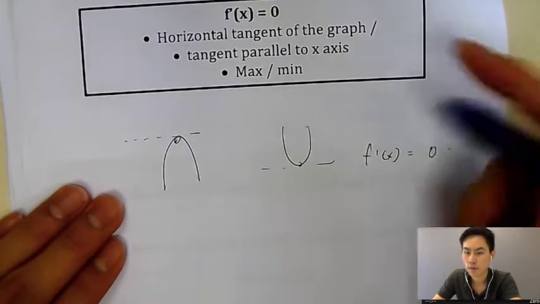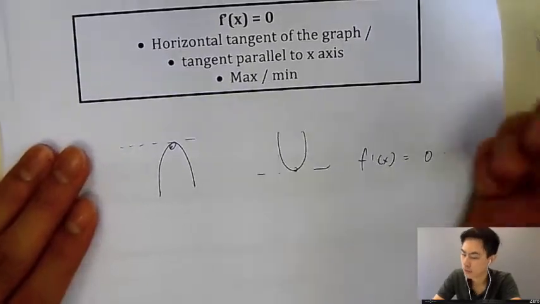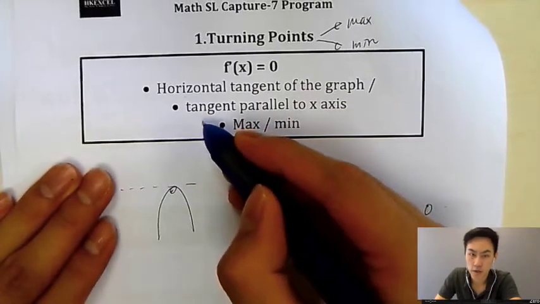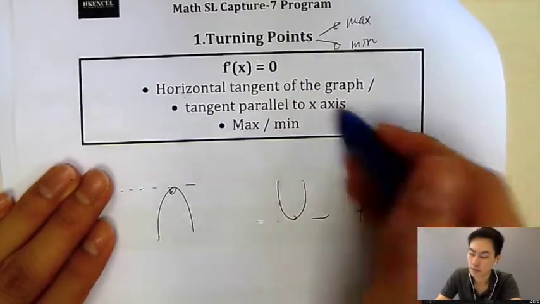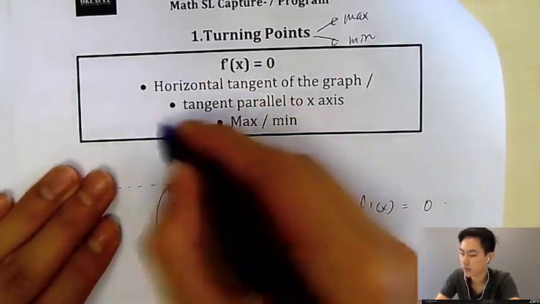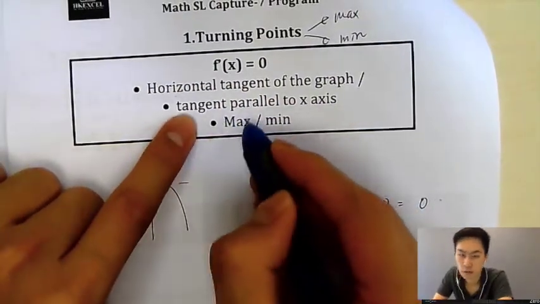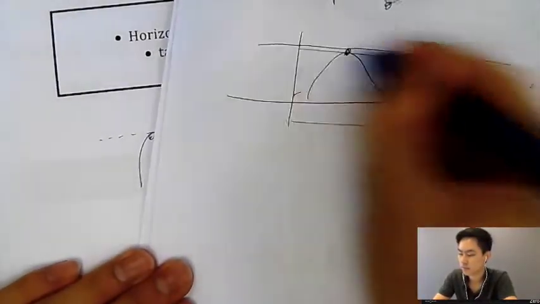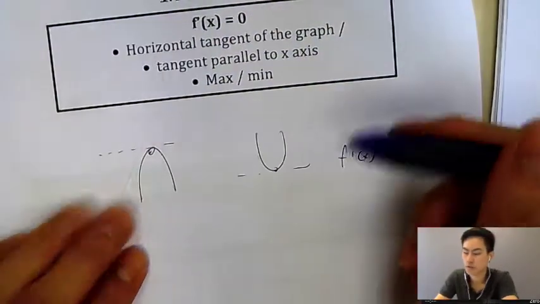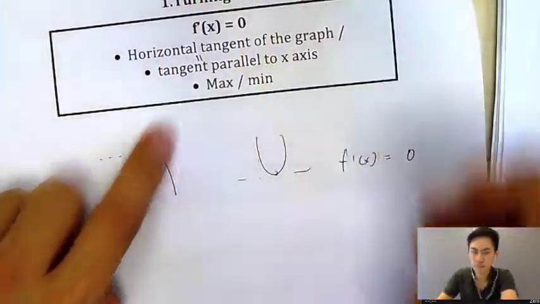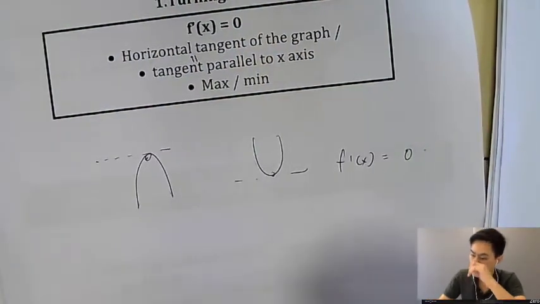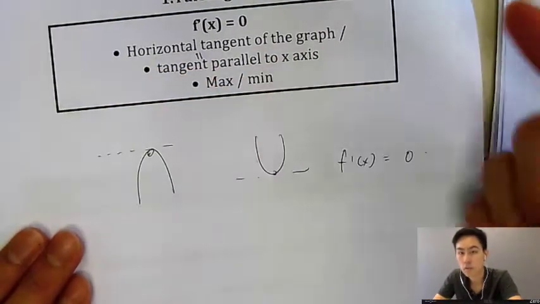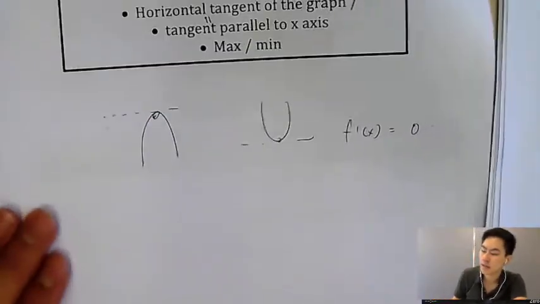That's the concept. Or sometimes they will change the wording to tangent parallel to x-axis. If that point is touched by a tangent parallel to x-axis, it means horizontal tangent, so they are the same. Whenever you see this, always think of f dash x equals 0. That's the key concept.